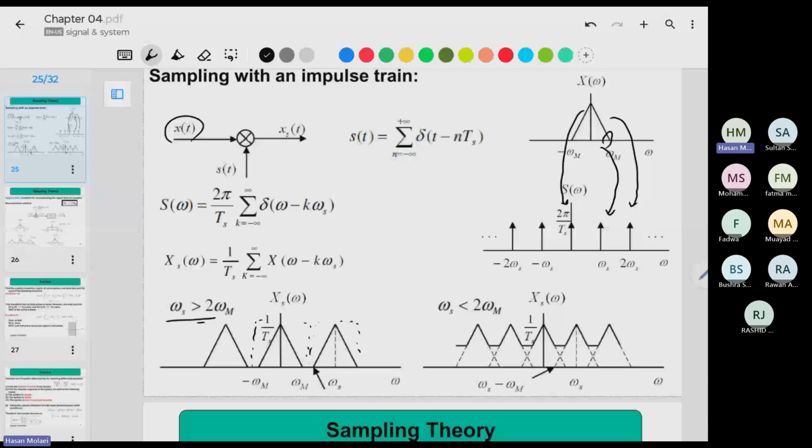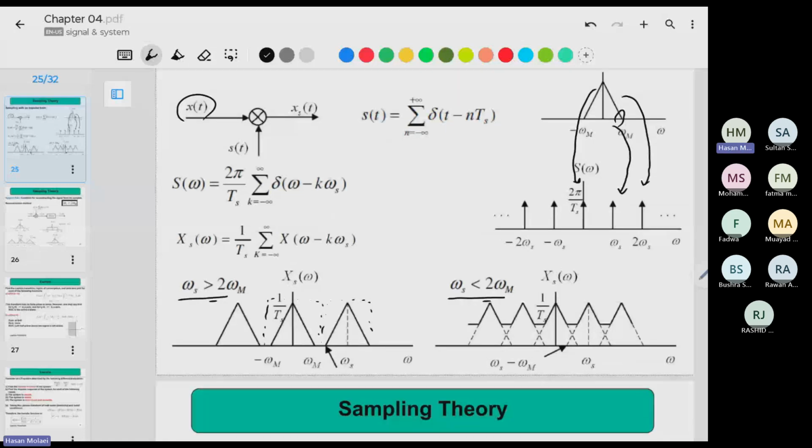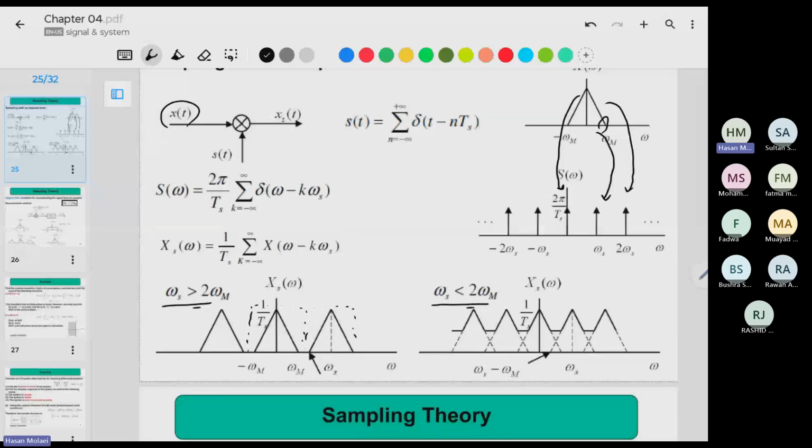But if the sampling rate is less than 2 times the highest frequency of the input signal, it's mixed. We cannot recognize the input signal. They have interfered together.